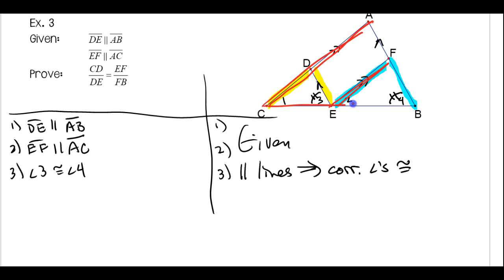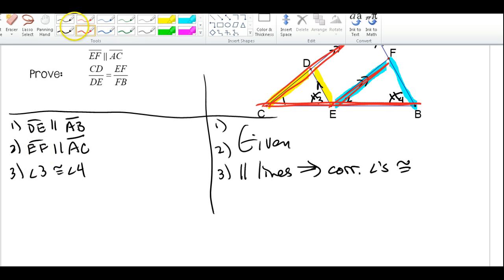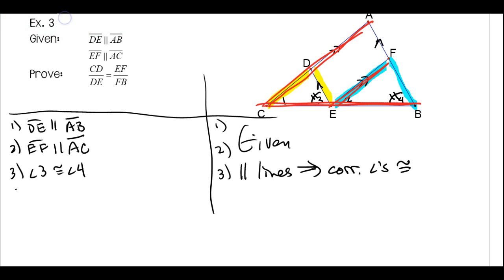And then this would be my transversal. So there's my F, so I know that 1 and 2 are also going to be congruent. Angle 1 is congruent to angle 2. And that's for the same reason as 3. Those are corresponding angles, so parallel lines implies corresponding angles congruent.